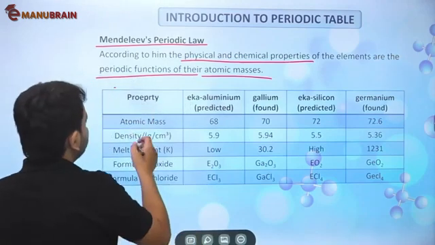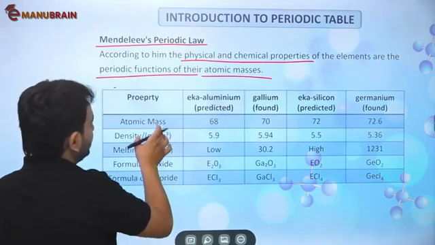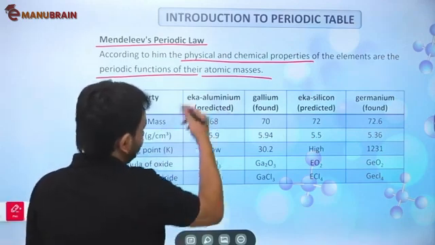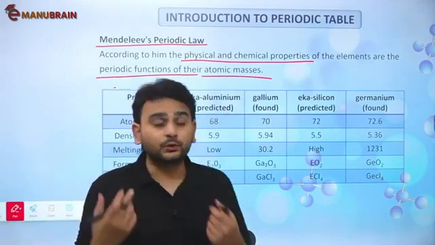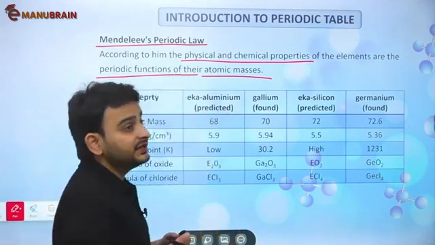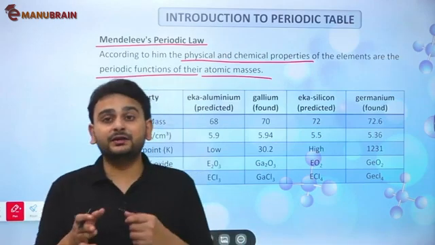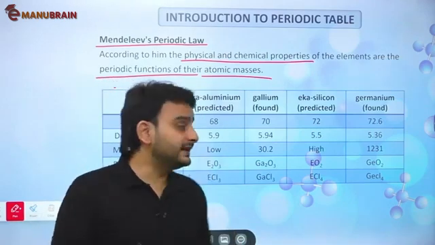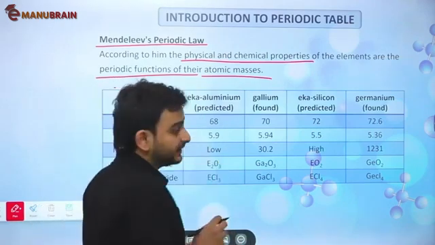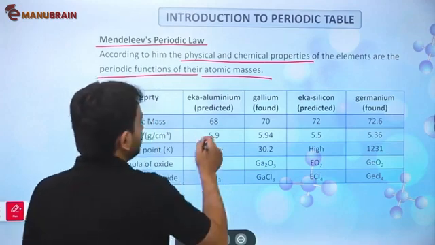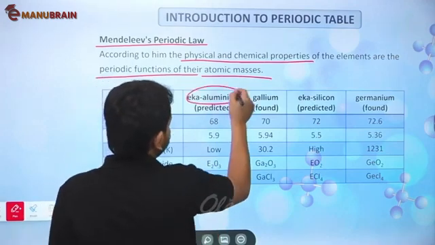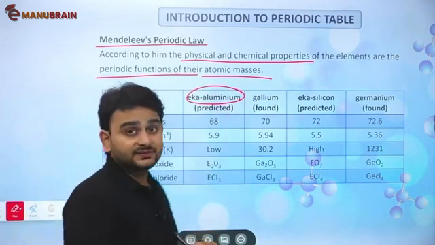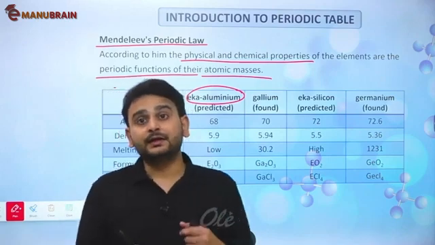For example, there were a lot of elements that were not known at that time. Aluminium was known, but he said that there would be another element, eka-aluminium, which comes after aluminium in the same group.